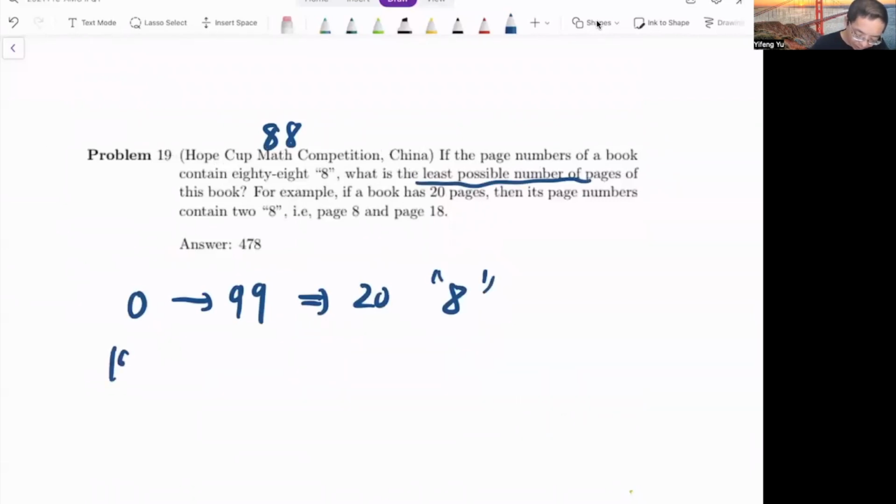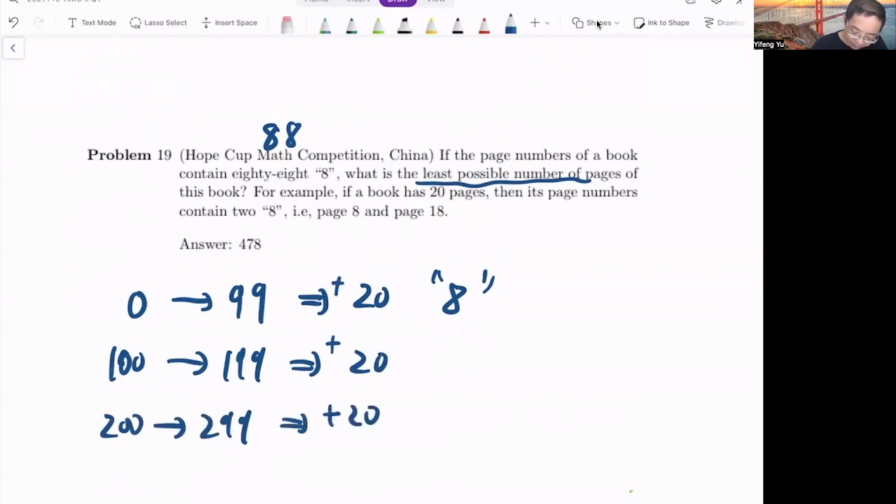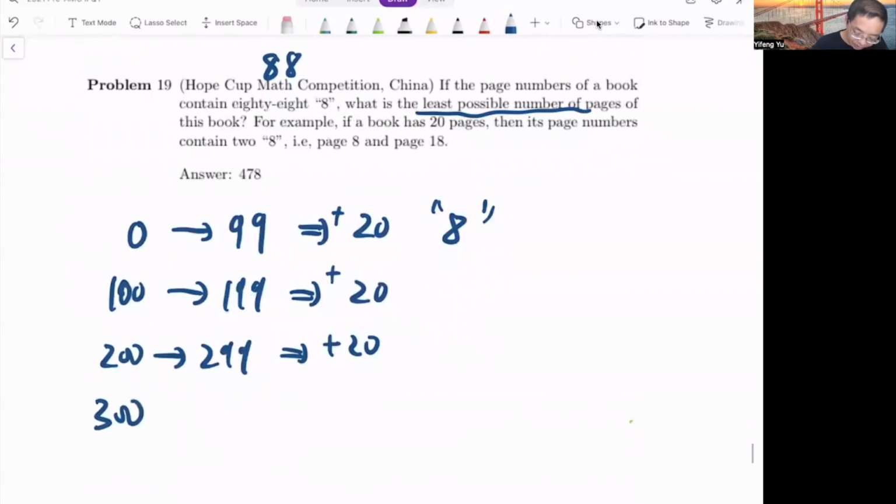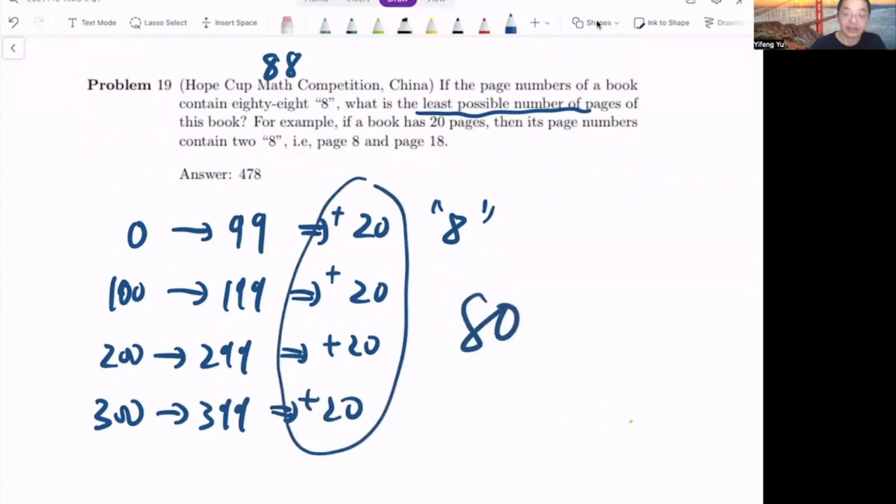From 100 to 199, another 20, from 200 to 299 we get 20, and from 300 to 399 we get 20. Together we have 80.